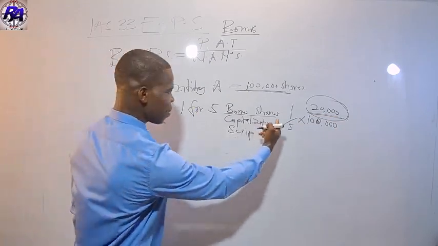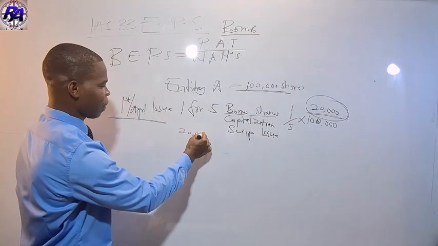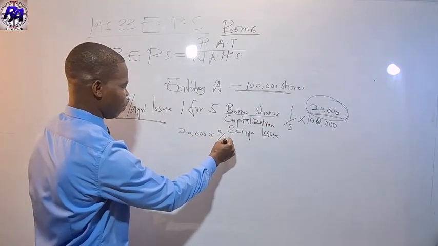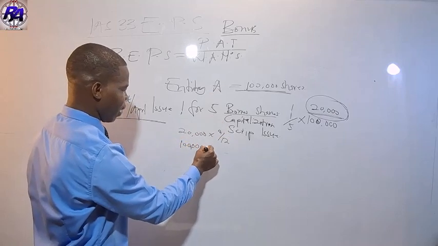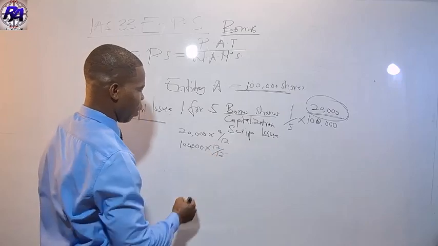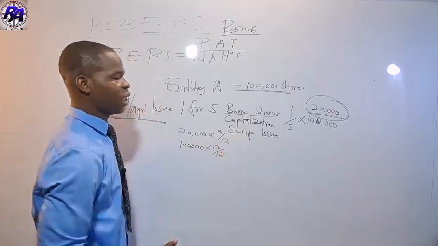Since it was issued on 1st April, it would have taken 20,000 times 9/12, and then the 100,000 will take 12/12, because that one is at the beginning of the period. Then we will get our weighted average number of shares.